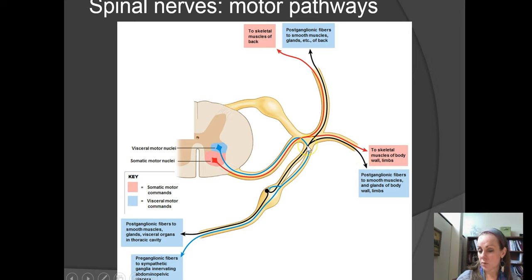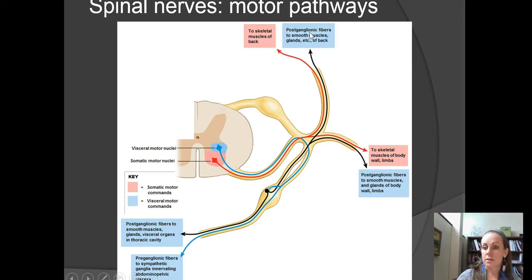If we wanted to go to sweat glands of the back, we would take a similar path. We'd start lateral gray horn, ventral root, spinal nerve, communicating ramus, sympathetic ganglion. We synapse, transfer it to the black neuron. We go back up the communicating ramus. And then at this portion, we are going to go to the dorsal ramus and then to the sweat glands there.